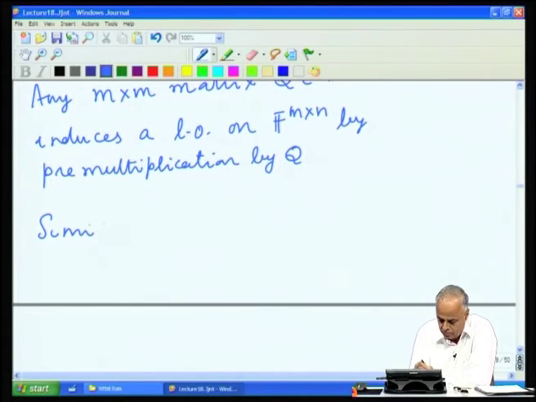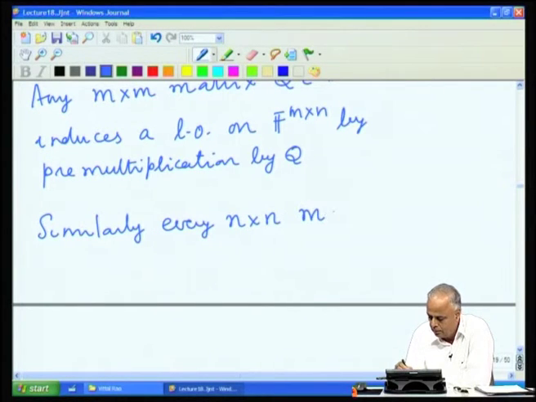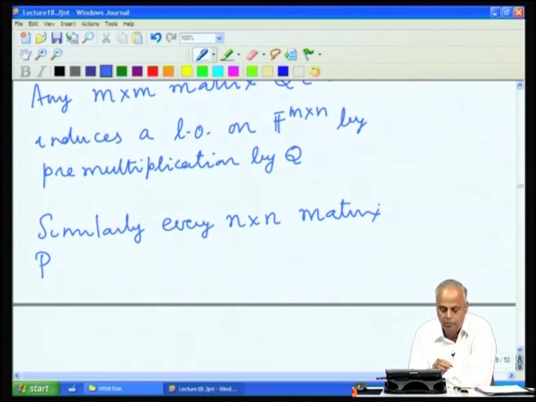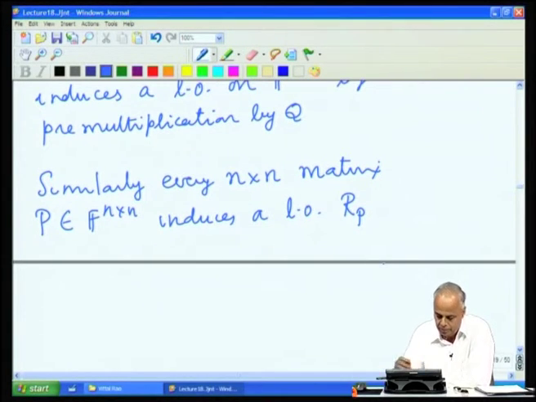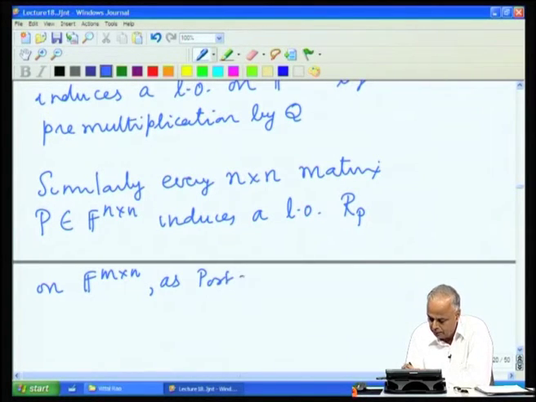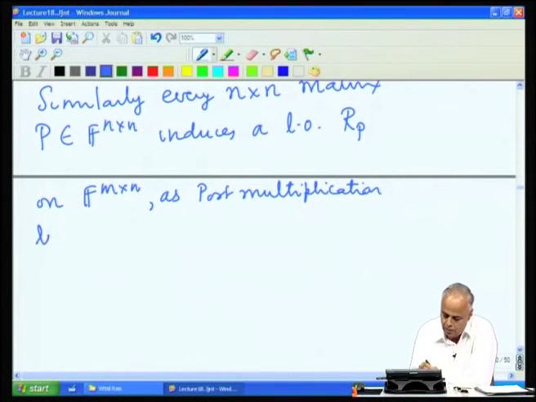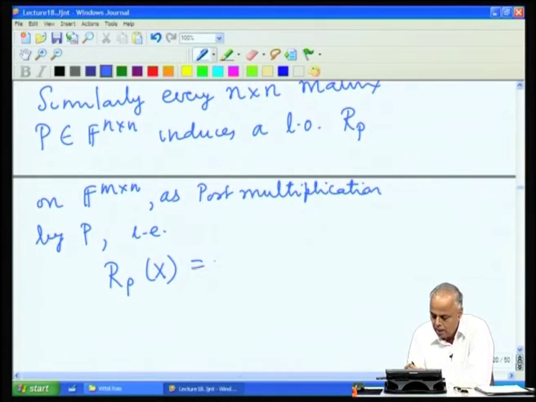Similarly, every n by n matrix, let us call it P in F n cross n, induces a linear operator R P, R stands for right multiplication by P, on F m cross n as post multiplication by P, that is R P of x is x P for every x in F m cross n.